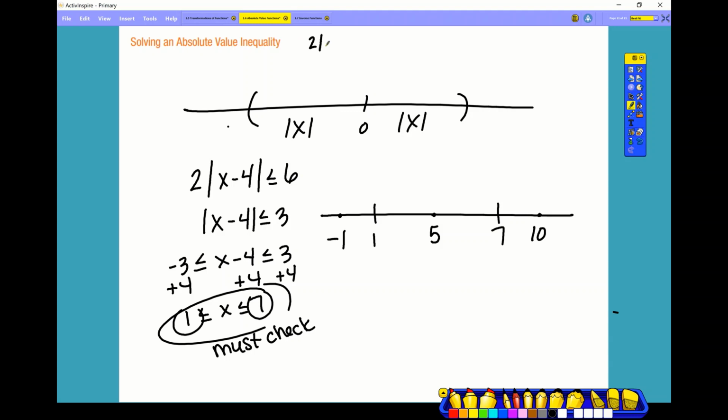So 2 up at the top, say my x is -1. -1 minus 4. What does that equal? -5, that equals 2 times 5, that's 10. Is that less than or equal to 6? No, it's not. Now let's test 1 to see if we need to include it.